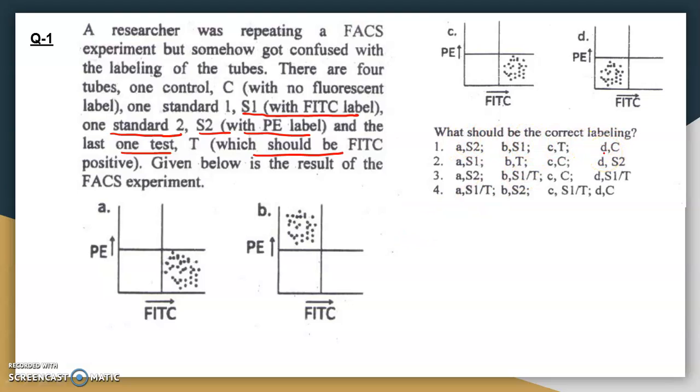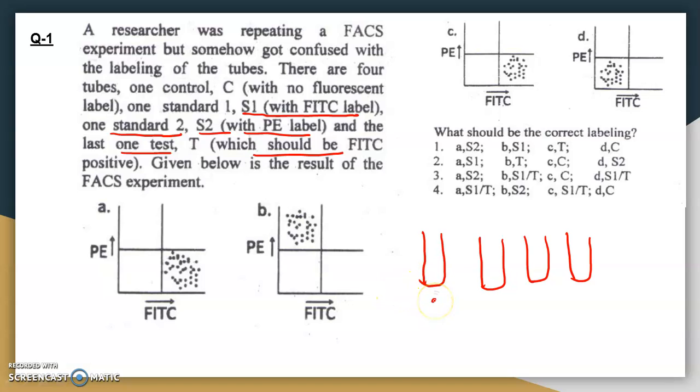Now a researcher is doing a FACS experiment and he somehow got confused with the labeling of the tubes. There are four tubes, 1, 2, 3, 4. Sometimes the question says he forgot the labeling of the tubes.